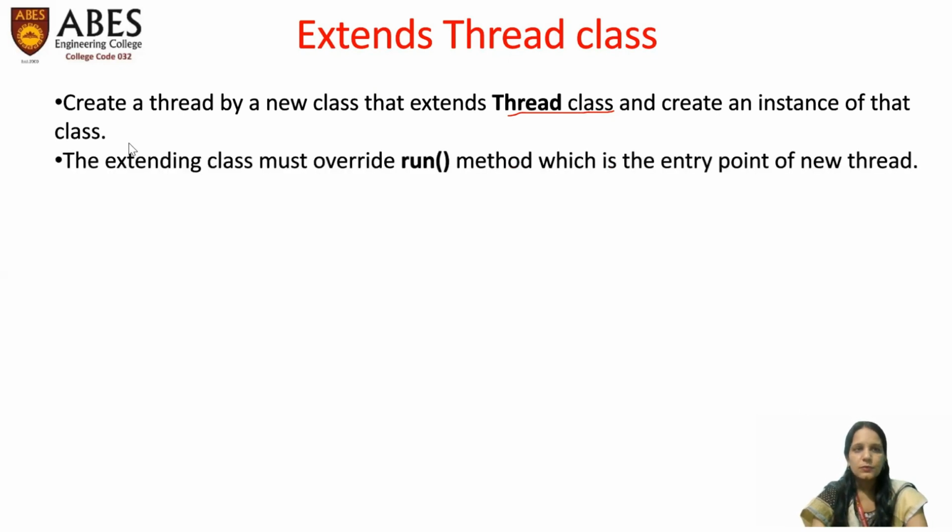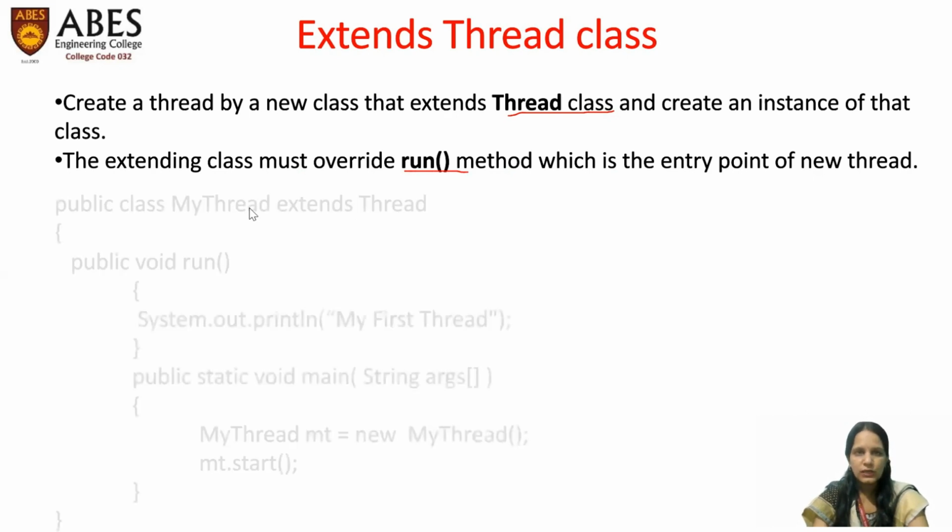Second, the extending class must override the run method, which is the entry point of the new thread. If we want our program to do more than one task, we must override the run method that is already defined in the Thread class, right? Let's take one example through which we will understand better.